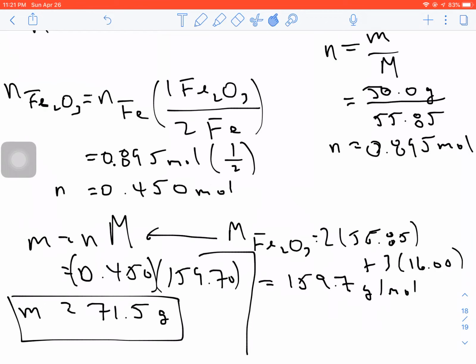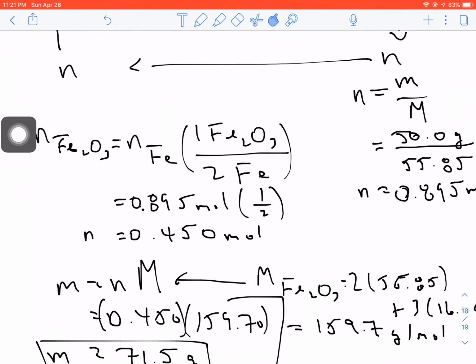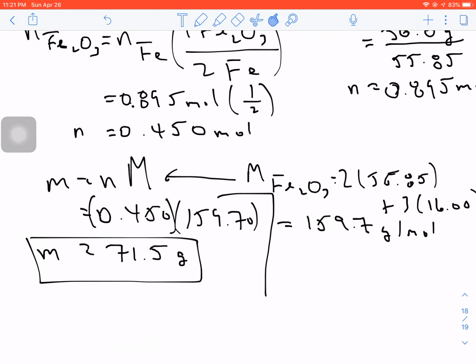Okay, so I started with my mass over here, calculated a little n using mass over molar mass, calculated a little n here using my mole ratios, calculated my mass here using the molar mass again, and it says if I need 50 grams of liquid iron, I better start with 71.5 grams of Fe2O3.